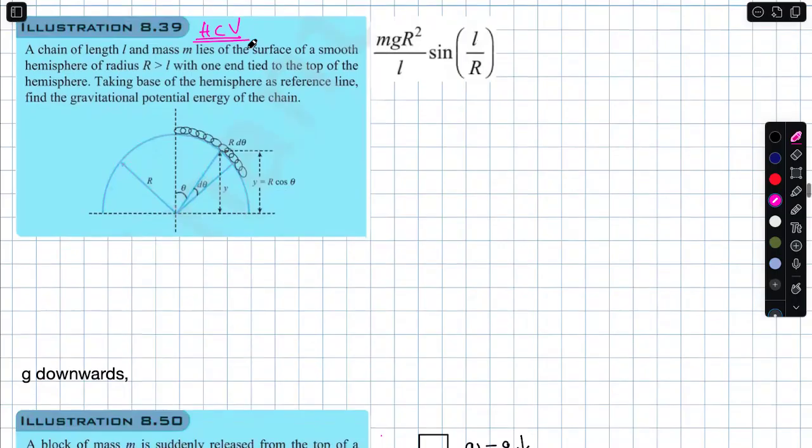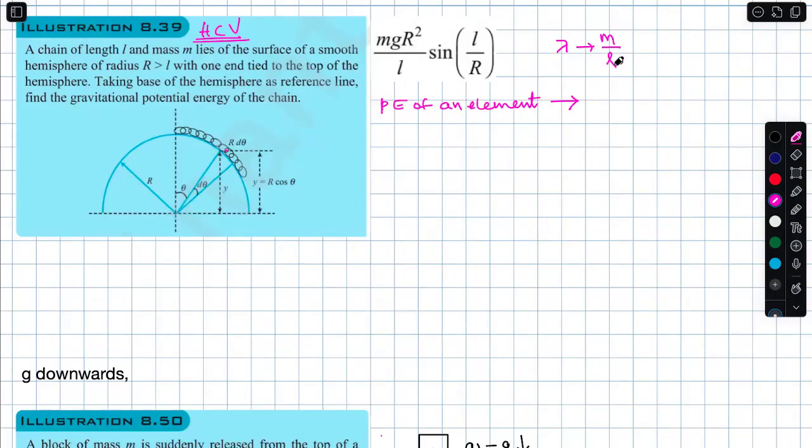Now in this case, you need to find the potential energy. You have this angle theta, and this element is R d theta. What is the potential energy of an element? I will define a term lambda, mass per unit length.